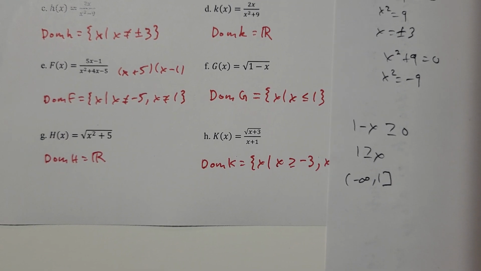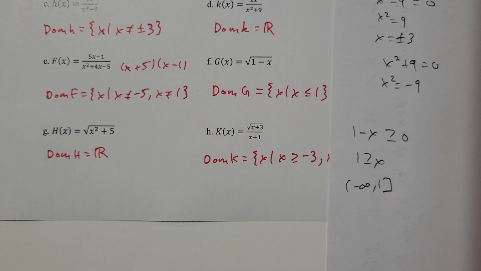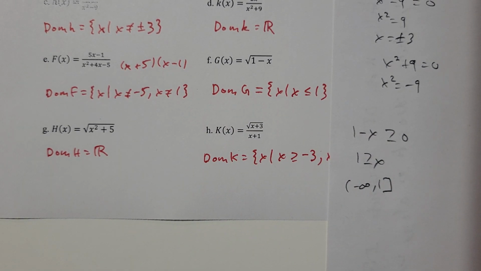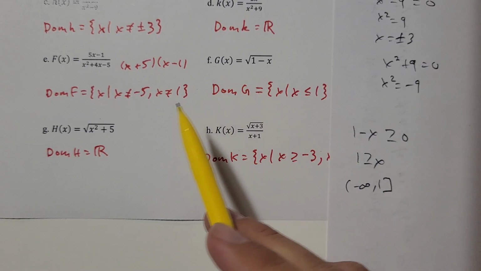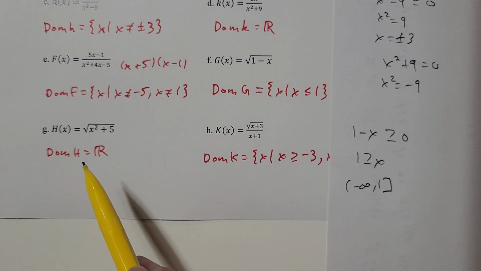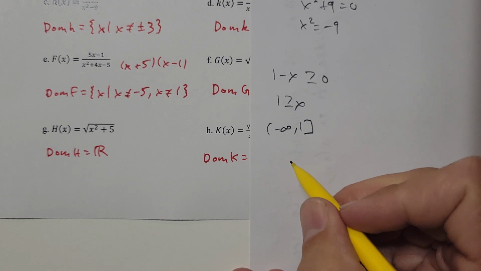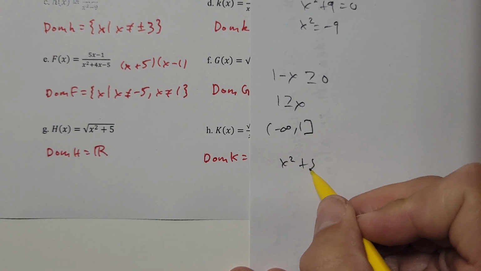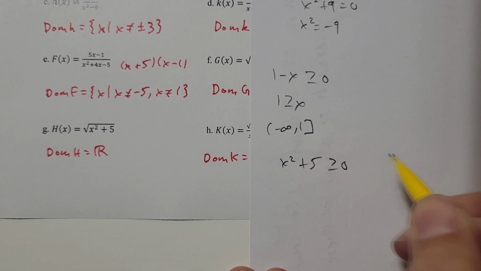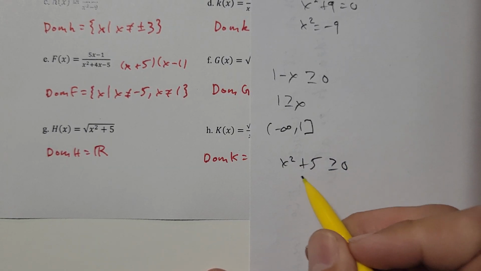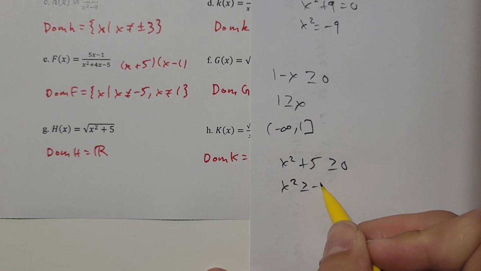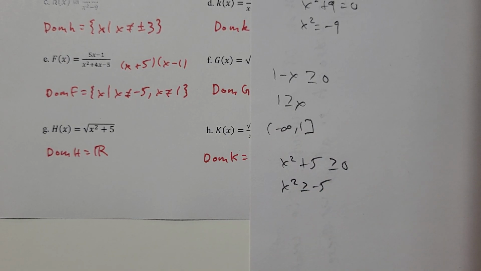Part H. So part G, sorry. I got h of x equals the square root of x squared plus 5. So what is the domain of that? Well, again, anything underneath the square root sign can't be a negative. So if I set x squared plus 5 to be greater than or equal to 0, and then I solve this, subtract 5 from both sides, x squared is greater than or equal to negative 5.